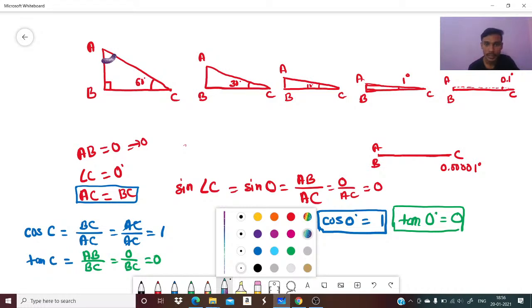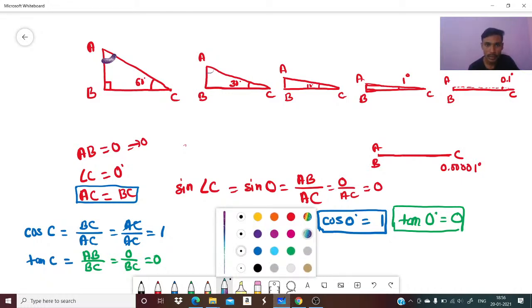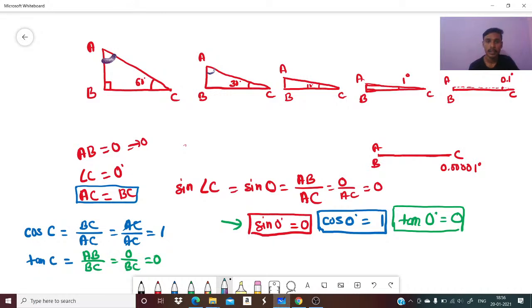Then when this was 30 degree, this was equal to my 60 degree. Now when this was 10 degree, this was equal to my 80 degree. Now when this was 1 degree, this angle was equal to my 89 degree. I hope you are able to understand.